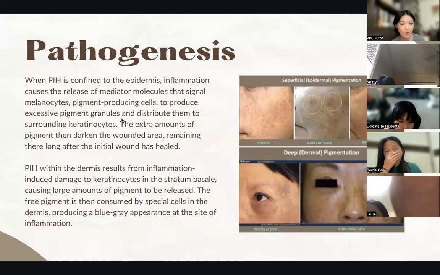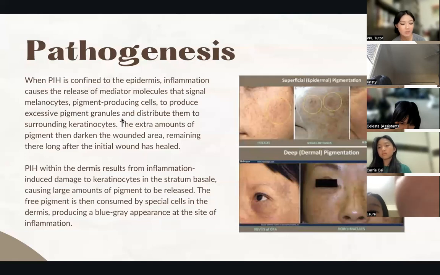And when post-inflammatory hyperpigmentation is found in the dermis, or in the deeper layers of the skin, especially in the stratum basale, which is the basal cells at the junction of the epidermis and the dermis, that could cause large amounts of pigment to be released.